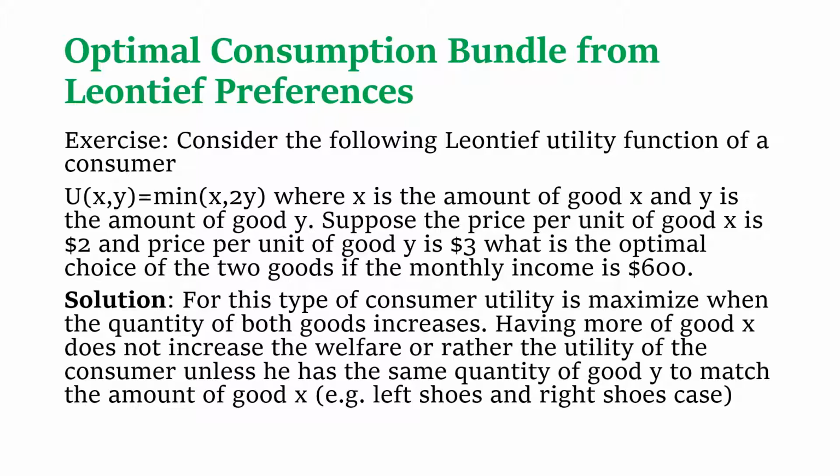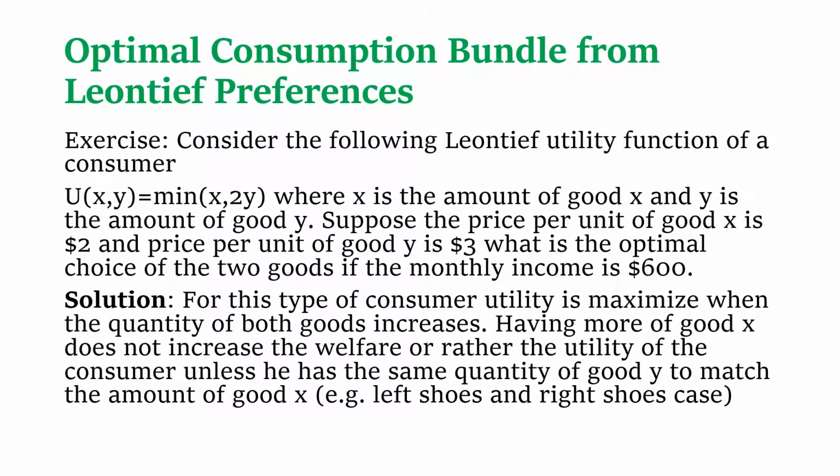Now let's take, for example, you have left shoes and right shoes. The only way you are going to maximize utility is for both the left and the right shoes to increase by an equal amount. If one of them increases and the other remains the same, you are not better off. You are not going to maximize your utility.